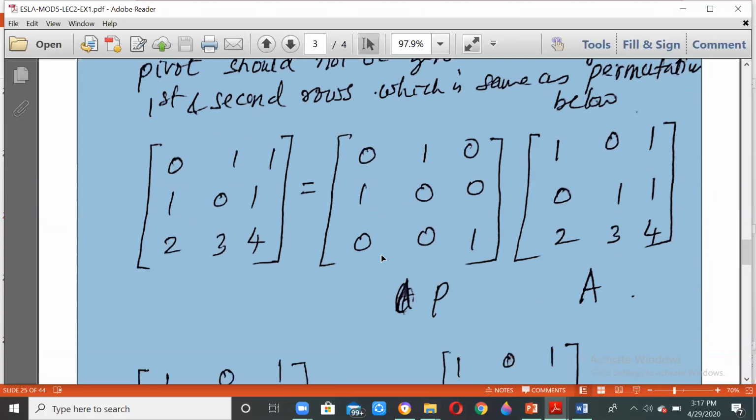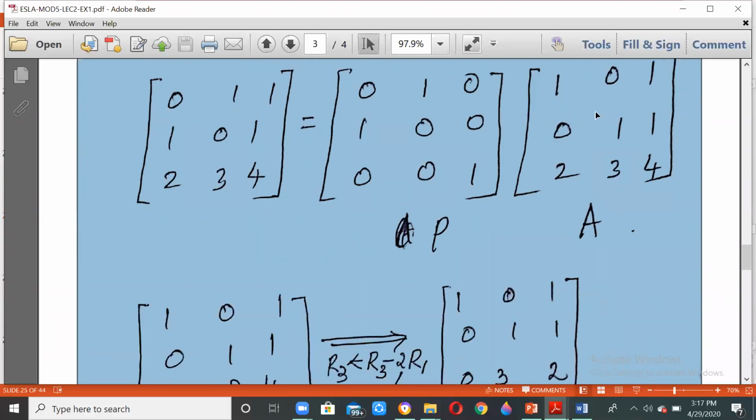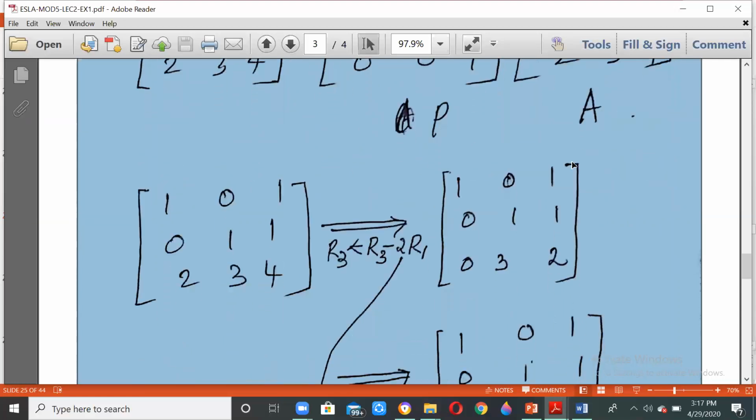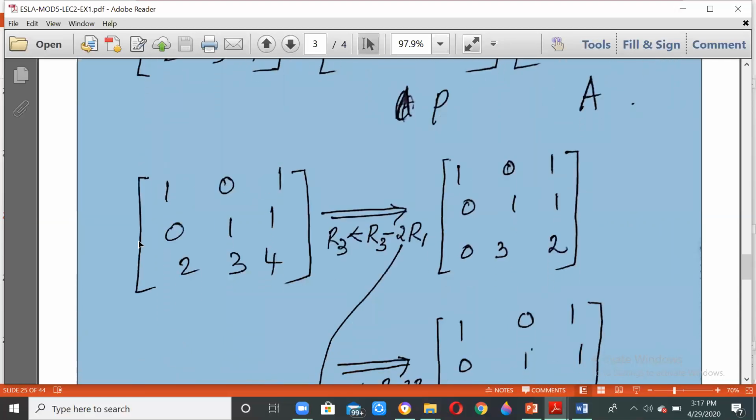Having got that, now this A has to be decomposed into LDU. For that, we write over here 1, 0, 0, 0, 1, 1, 2, 3, 4. Now this 0 is already 0, so there is nothing to be done. It will remain there itself. But now in place of this 2, I should have a 0. For that, I should multiply this by minus 2 and subtract from this.